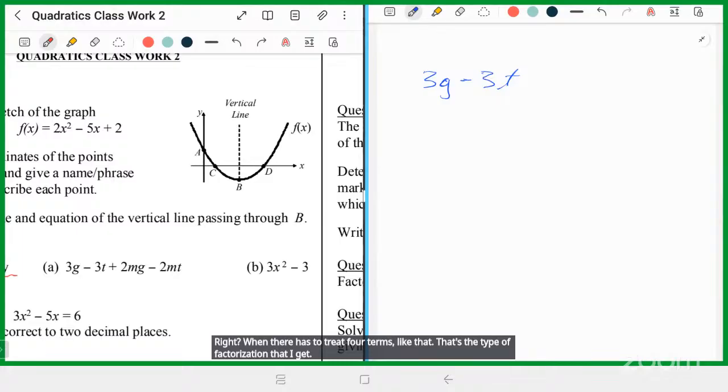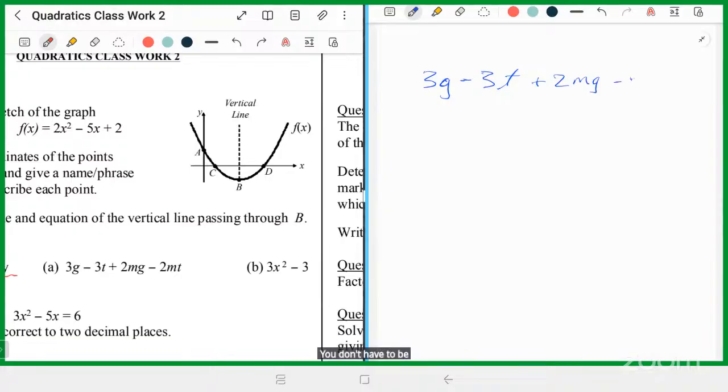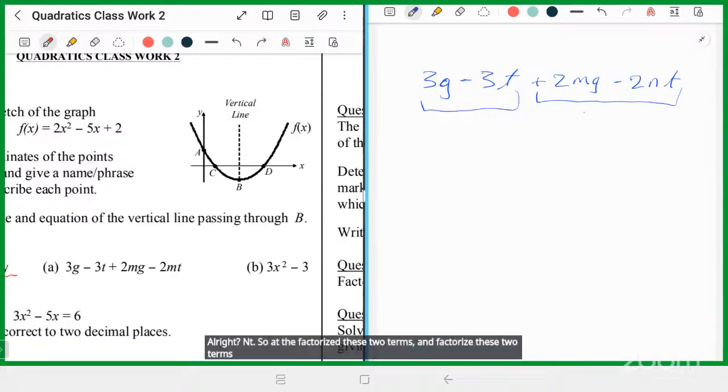Again, you want to know the types of questions that you can get, so when you see it, you know exactly how to approach it. You don't have to be figuring out how to approach it. So we want to factorize these 2 terms and then factorize these 2 terms so that we have the same thing in the bracket again. And so that's the approach you want to use.